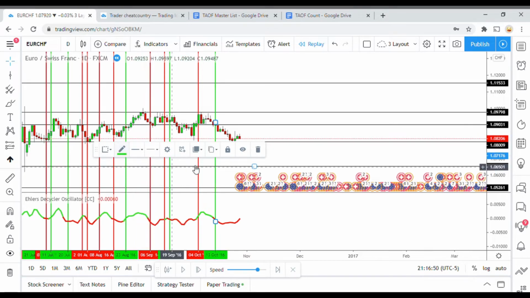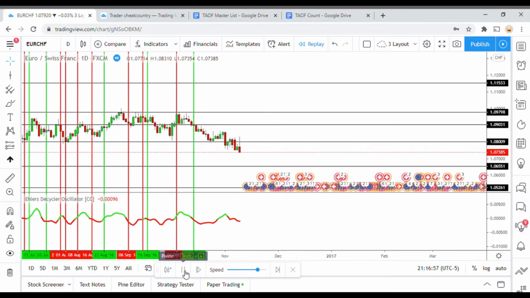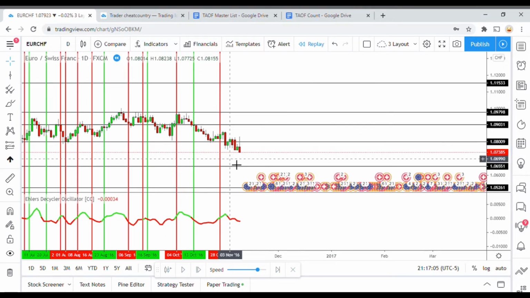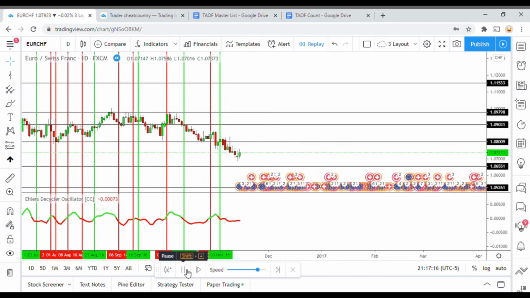We would have squeezed out a win on that one. Long there, and that one would have gotten stopped out pretty quick. And then a short. That one would have done okay.